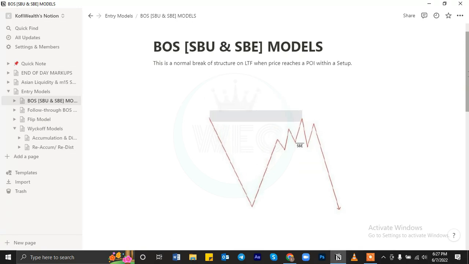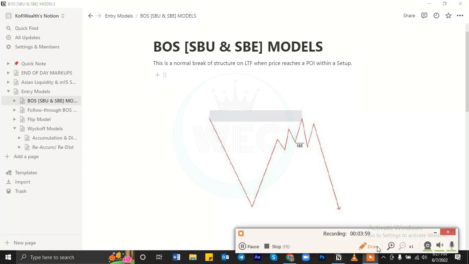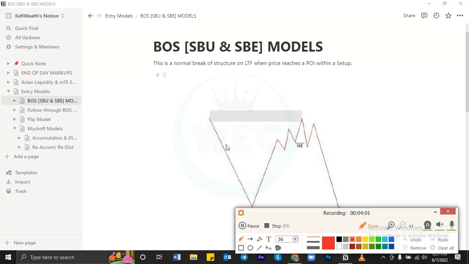And I term it as a sign of bullishness in case of an uptrend, or a sign of bearishness in case of a downtrend. So what I personally do is, let's say for instance, the market is bearish, making lower highs and lower lows, and we have our supply zone.